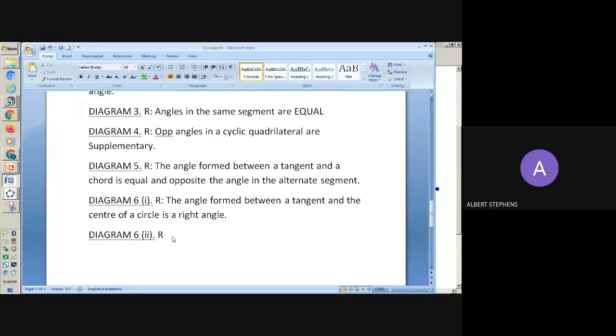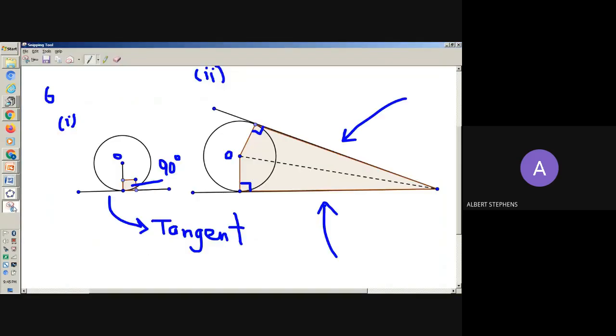So reason A is that two tangents to a circle form two right angle triangles. All right, get that, class? So two tangents to a circle form what? Two right angle triangles.